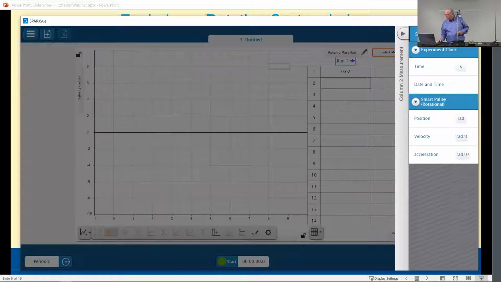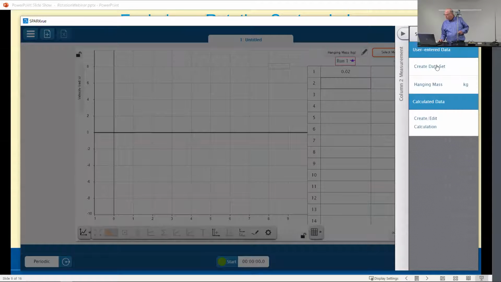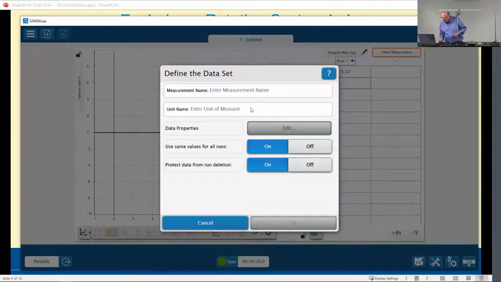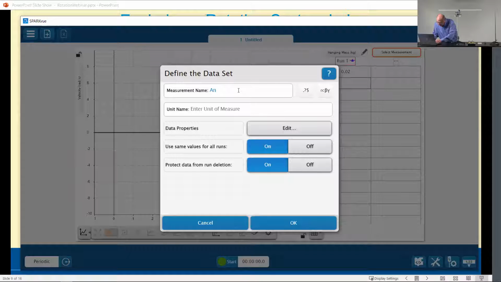And then this other one is going to be user entered. And it's going to be the angular acceleration. Now that could get confusing because the smart pulley also measures angular acceleration. It means the angular acceleration that goes with that particular trial. So we do have to create that, and then radians per second.